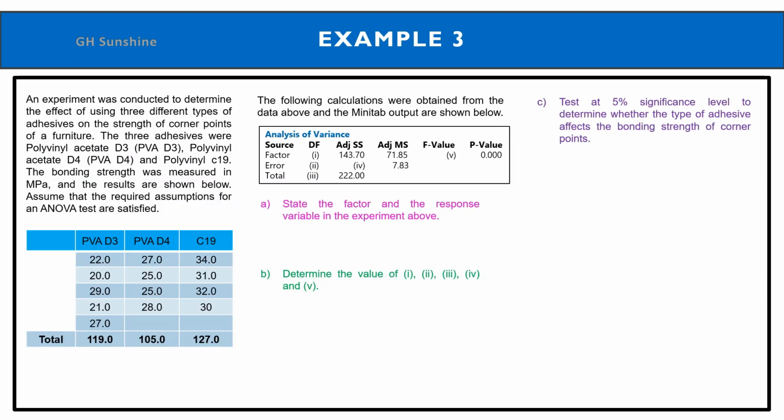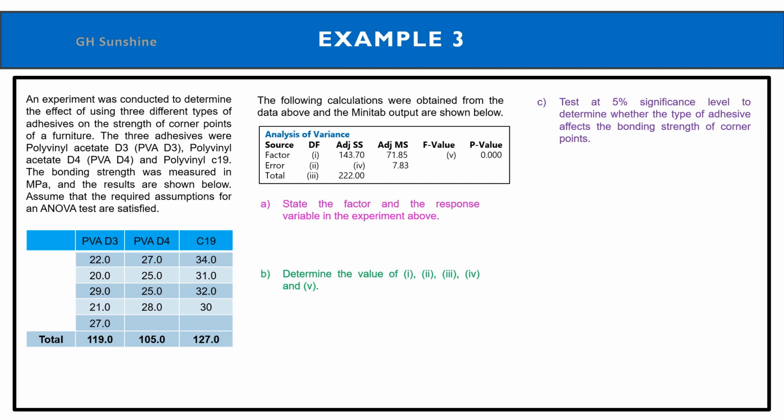Example 3. So this example gives the data and also the Minitab output. Let's try to answer question A. State the factor and the response variable. So what is the factor and what is the response variable? So look at here.